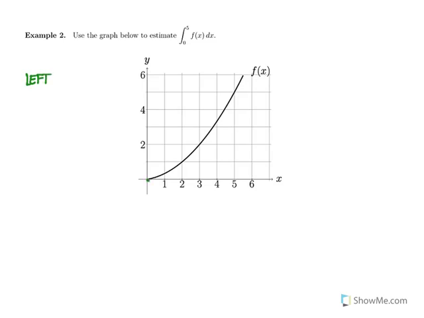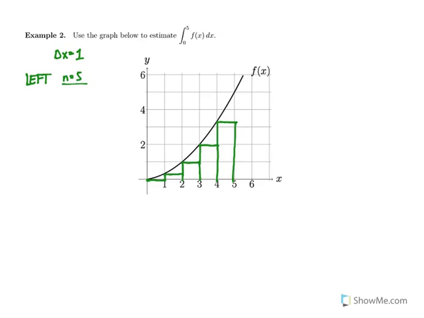So the left Riemann sum with n equal to 5. Delta x here is going to be 1. Draw these rectangles. Each one has a width of 1. I'm using the left endpoint each time, all the way to n equals 4, and then I stop. That's as far as I need to get to.